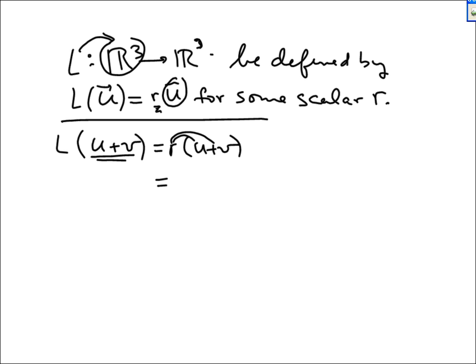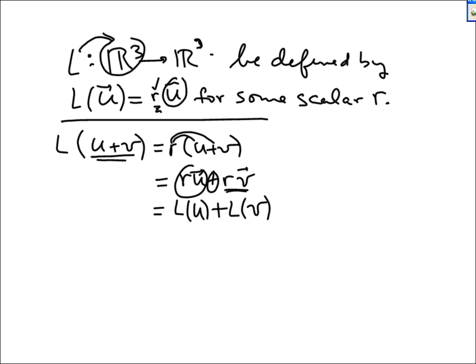We could scale each of those vectors, R times U and R times V, and then add them up. R times any vector is L of that vector, plus R times V, which is L of V. So here it's linear over addition. You can take L of U plus L of V.